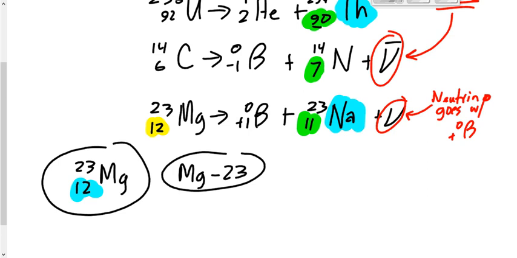So if you see that, and I think you do once tomorrow, assume beta negative. That's what's meant by that, okay? You can always ask me that question if you're unsure, but it is safe to assume if it doesn't specify beta negative or beta positive, that it is beta negative. Get that? All right.